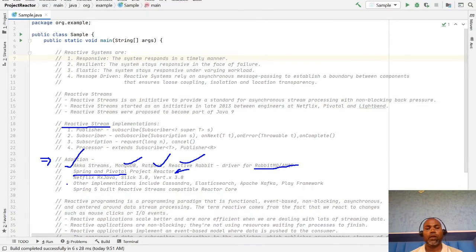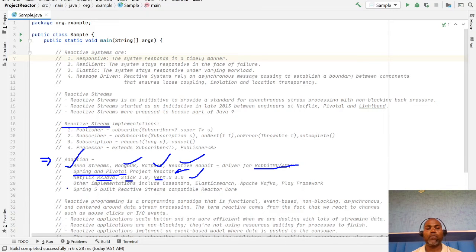And the same reactive stream specification is implemented by the famous and old reactive systems available in RxJava, and also Slick, Vert.x. These are the other implementers of the reactive stream specification.